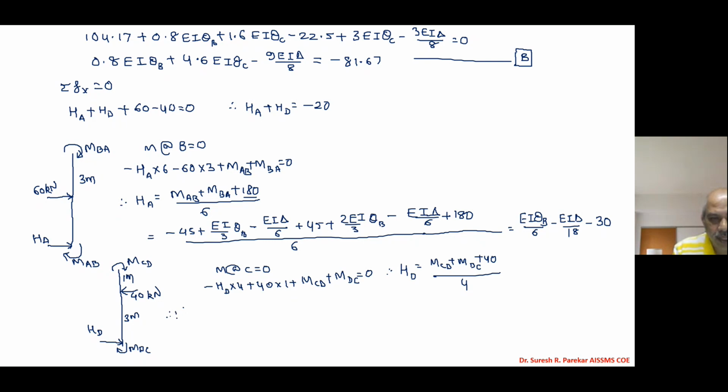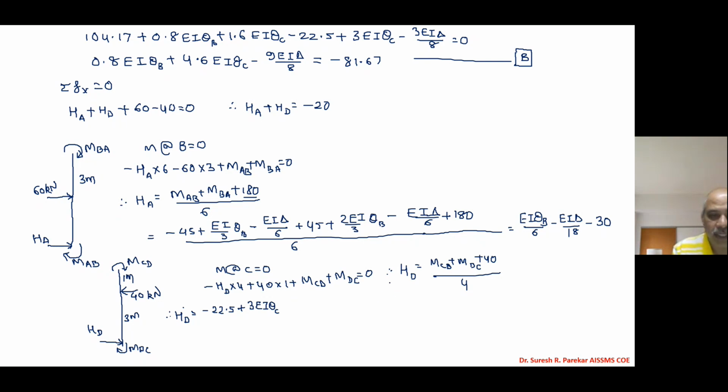So therefore HD equal to minus 22.5 plus 3 EI theta C. This is the value of MCD plus MDC.